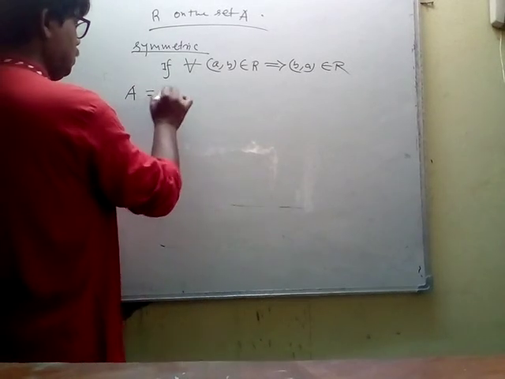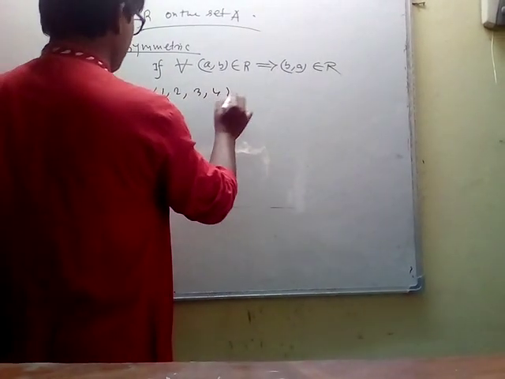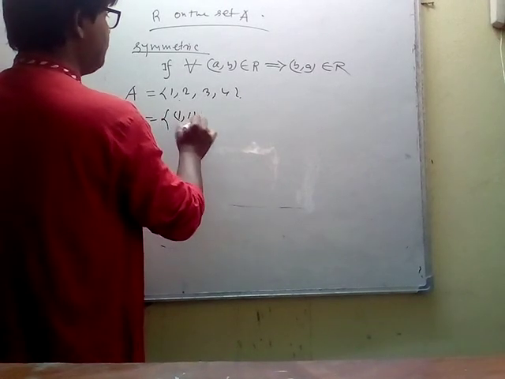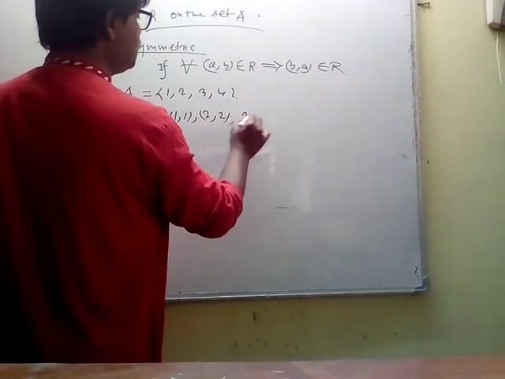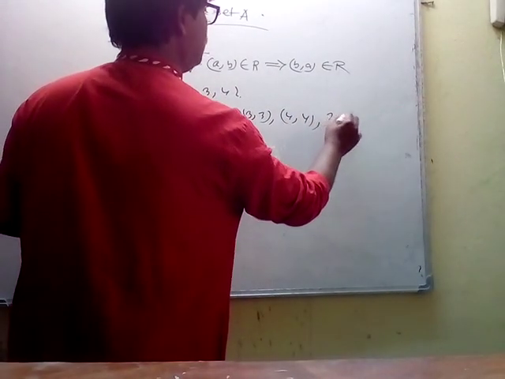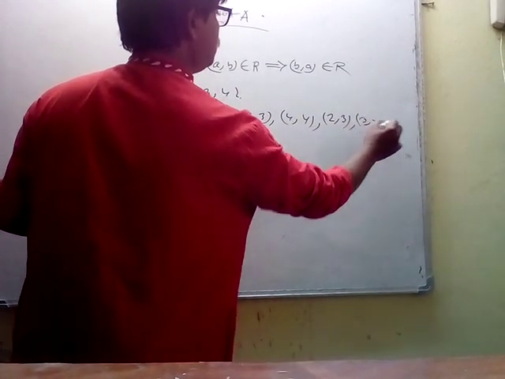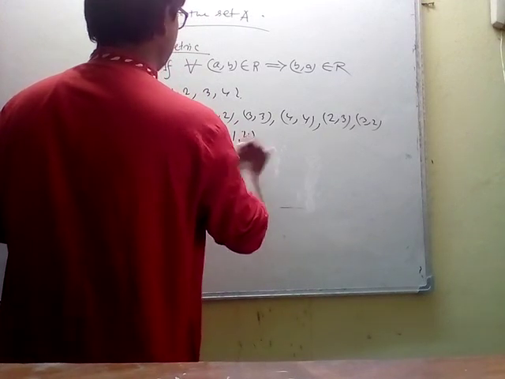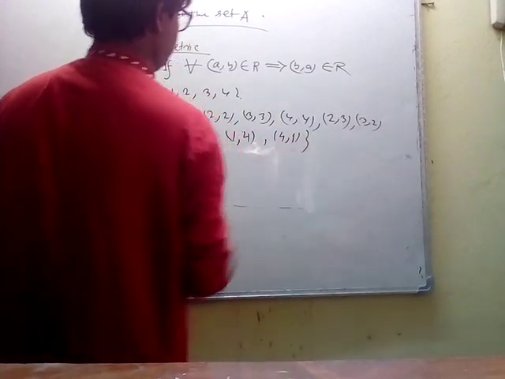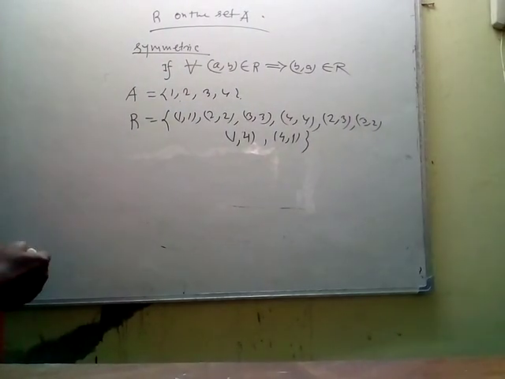Suppose A equals {1, 2, 3, 4}. R is a relation on this set: {(1,1), (2,2), (3,3), (4,4), (2,3), (3,2), (1,4), (4,1)}. Is this symmetric or not?